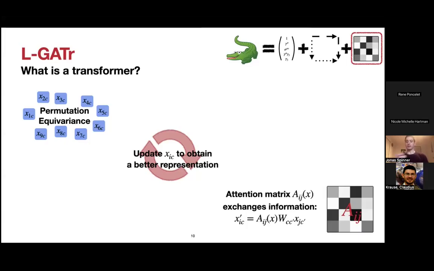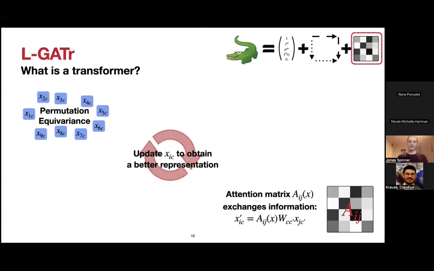And the way transformers achieve this is the very magical concept of attention, which uses this attention matrix, which I try to illustrate here, which essentially tells you which element of the set is how important for which other element of the set. And then we do a double matrix multiplication. There is one matrix multiplication in this permutation index i. This is the A_ij, and this depends on X. And the second matrix is this W, which is a learnable matrix because C always has the same shape.